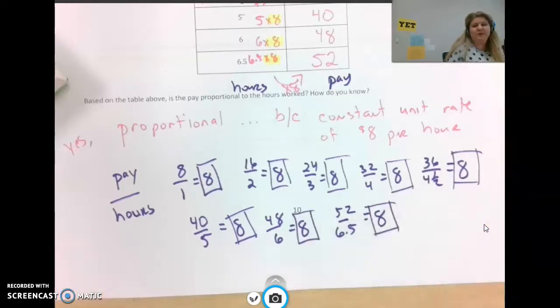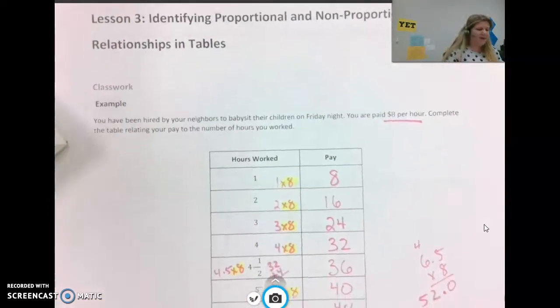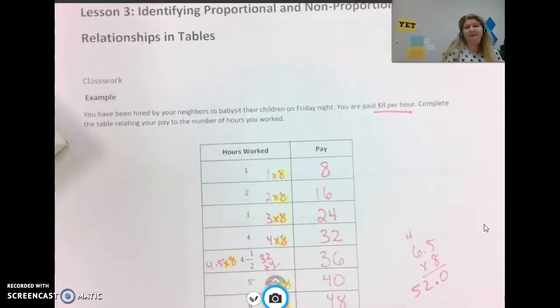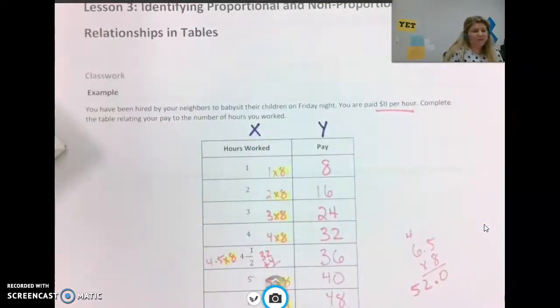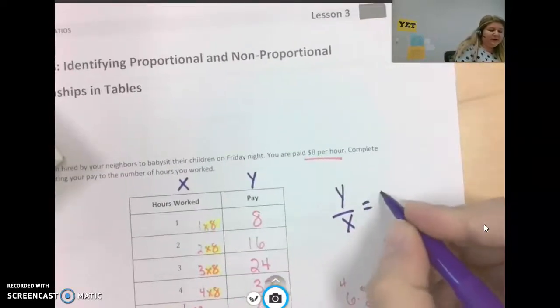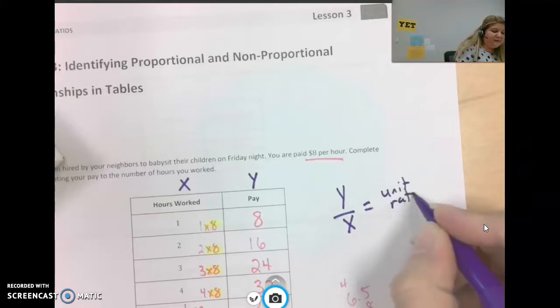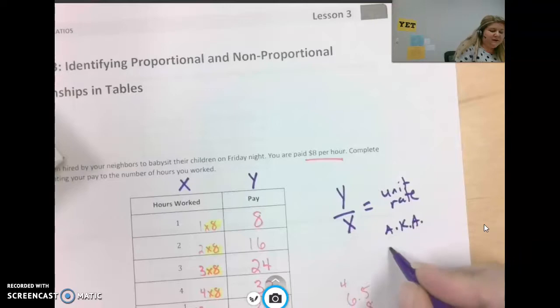You will not always be given a situation because one of the things that we have to learn in 7th grade is just to look at a table and decide, is this a proportional relationship or not? So, a lot of times these will just be X and Y. And what we do is Y divided by X to get our unit rate, which is also known as the constant of proportionality.